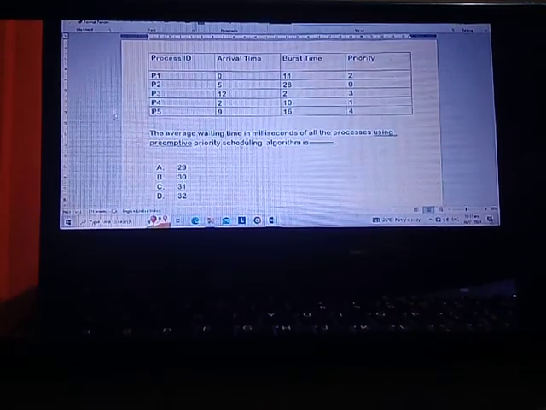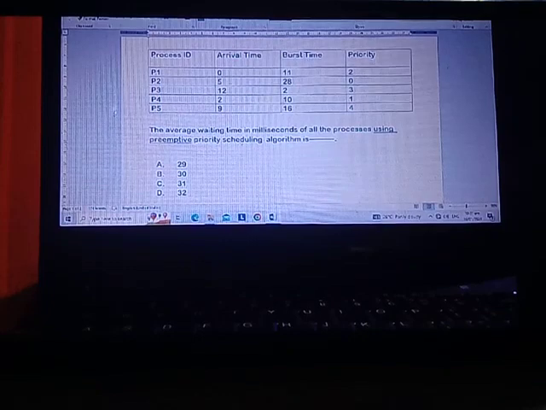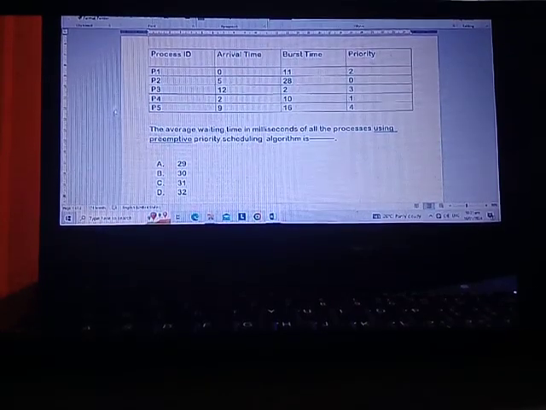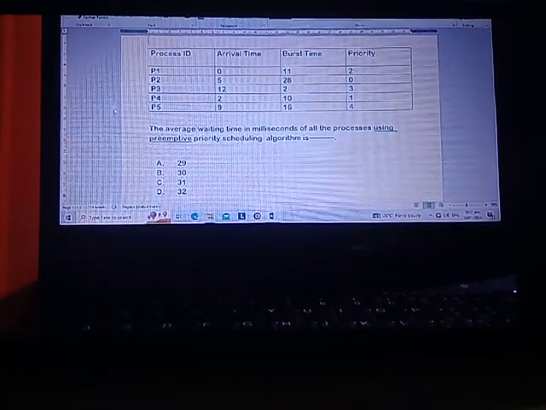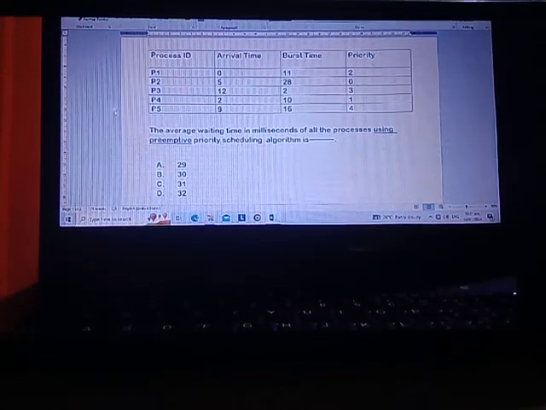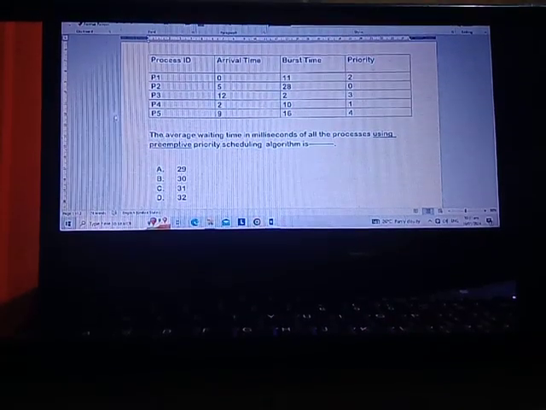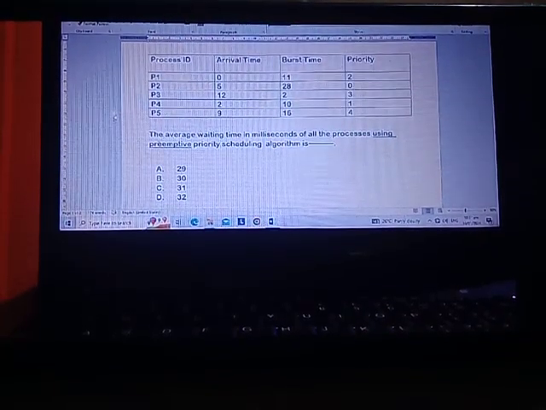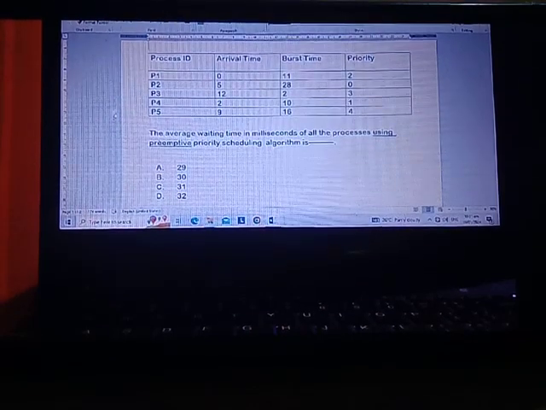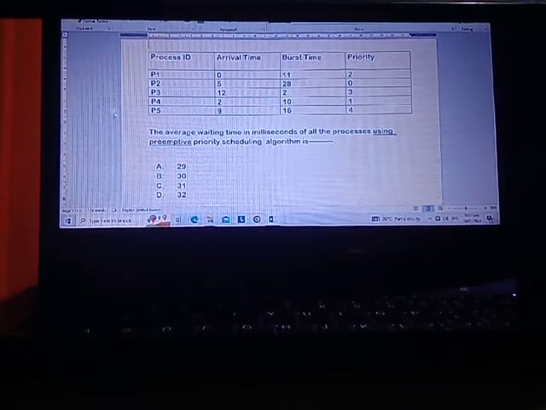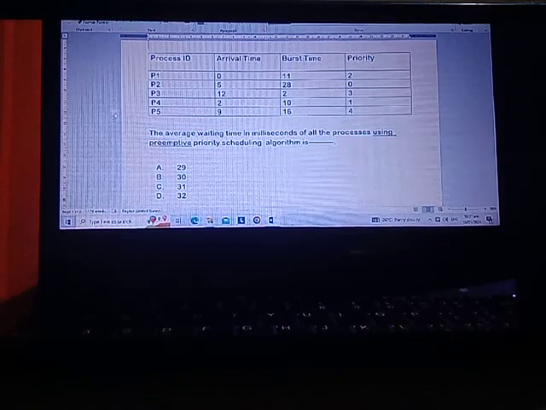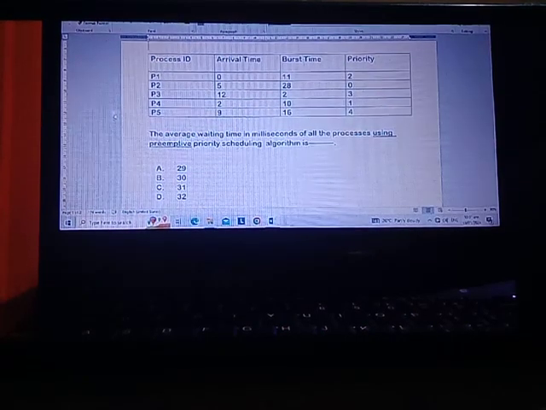The most important thing in solving this kind of scheduling problem is forming the Gantt chart. If you are able to form the Gantt chart correctly, you can easily solve any problem related to this. First of all, let's see how we can form the Gantt chart, and keep in mind that this is priority preemptive scheduling. It is preemptive.